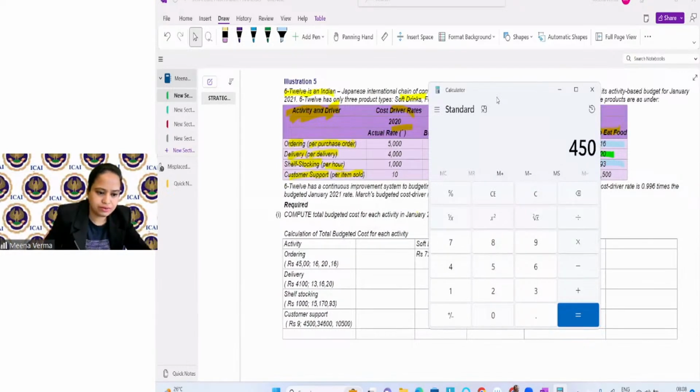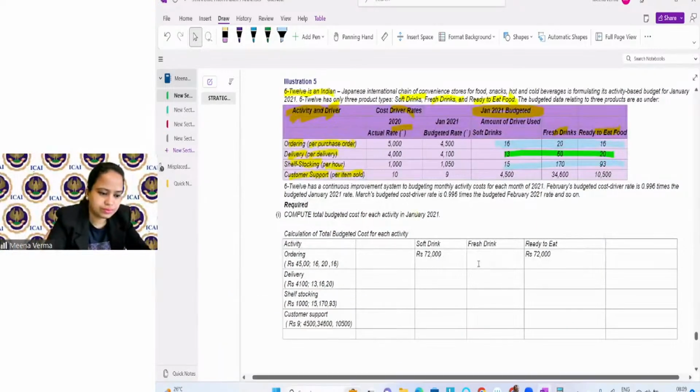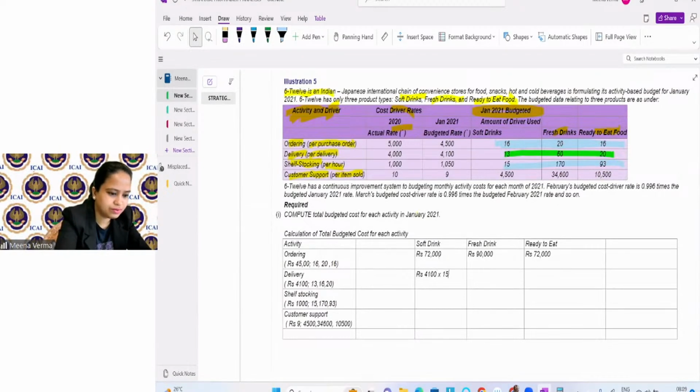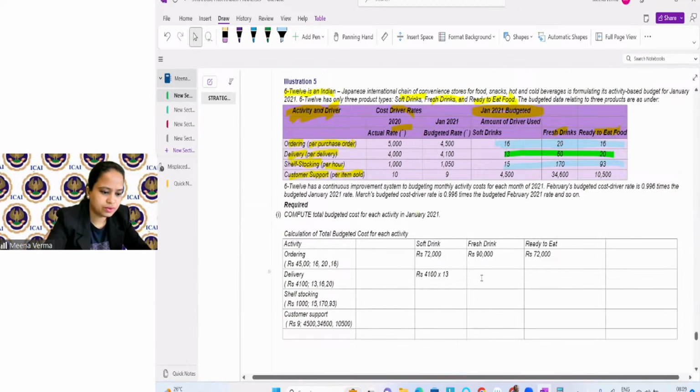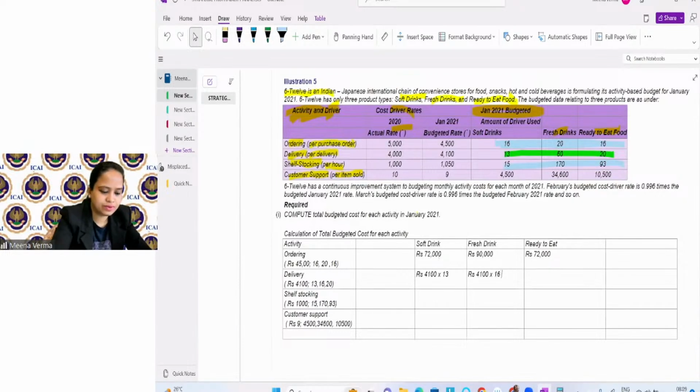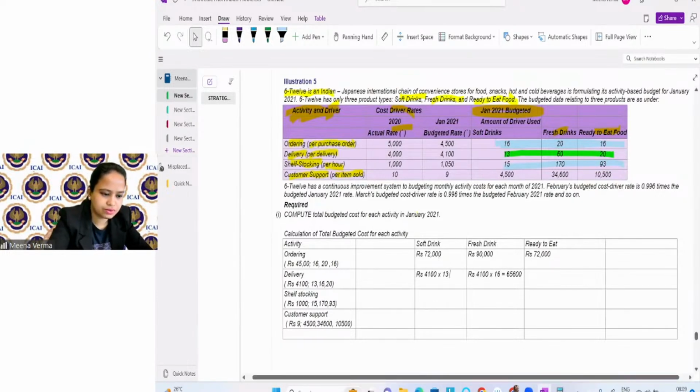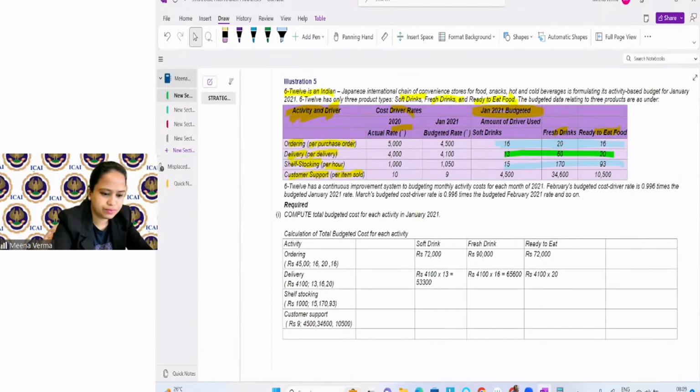So we will take the value and multiply it. This is coming as 90,000. So find it for every value. Rupees 4,100 into 13, rupees 4,100 into 16, rupees 4,100 into 20.